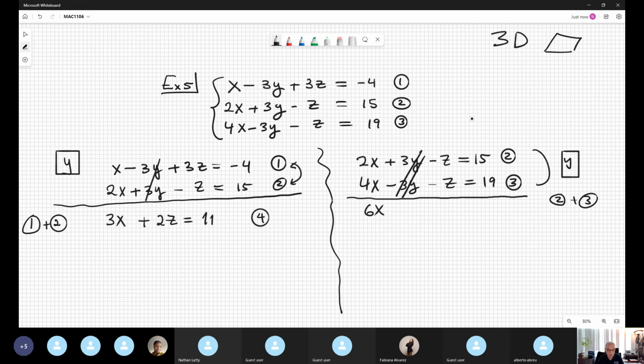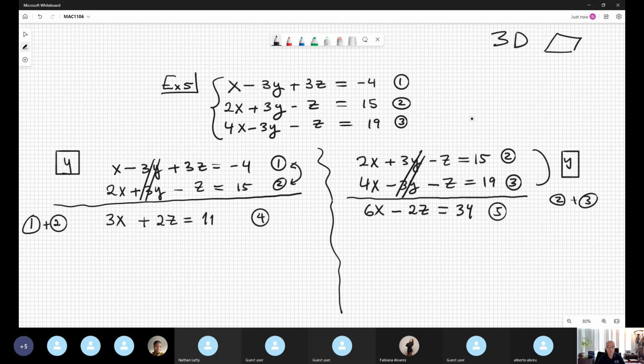This is important to happen always. You cancel out y here, you cancel out y there. Not necessarily always y, it could be x or z, but the same variable. Minus 2z, because -1 and -1 together is -2, equals 34. It's 15 plus 19. And it's equation 5.